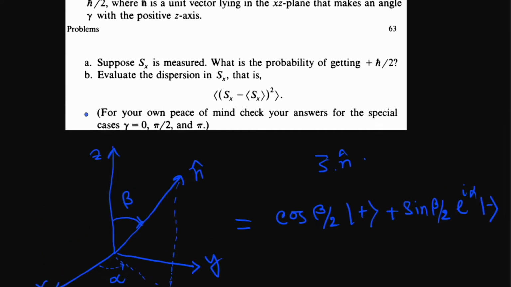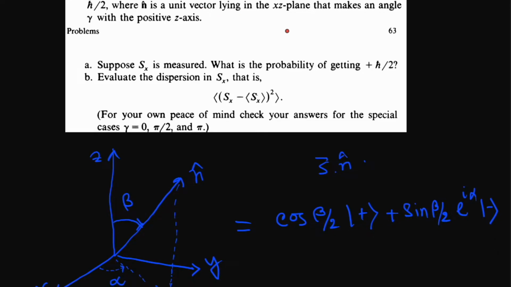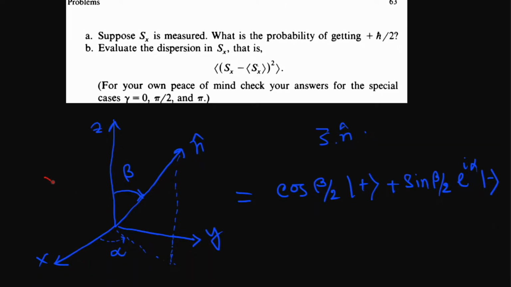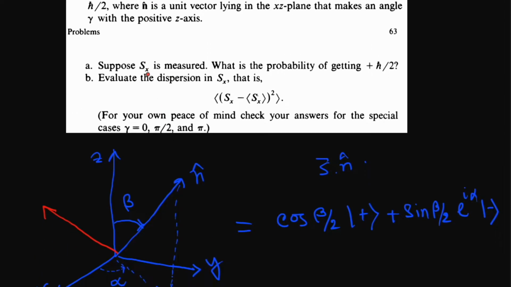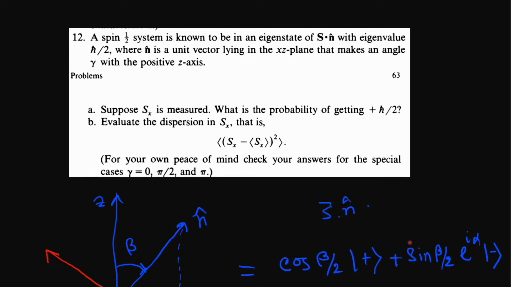Now in question 12 it is told that n cap is a unit vector lying in the xz plane. That means alpha equal to 0, and beta is equal to gamma.